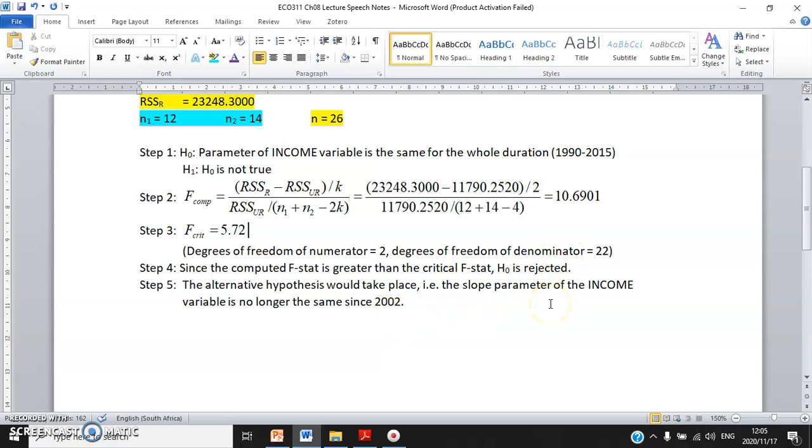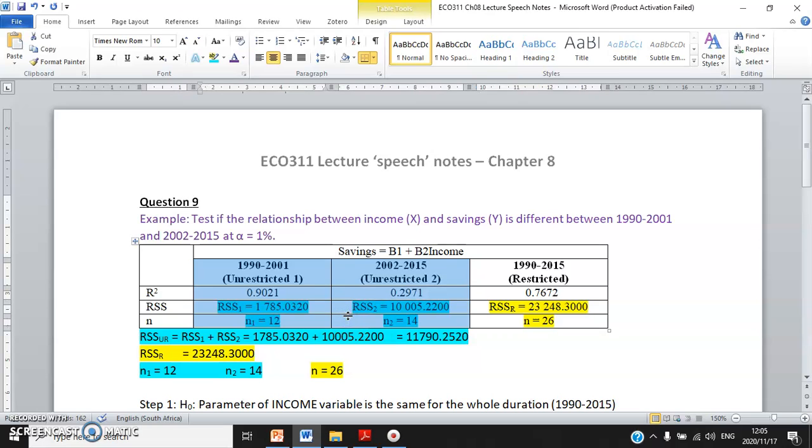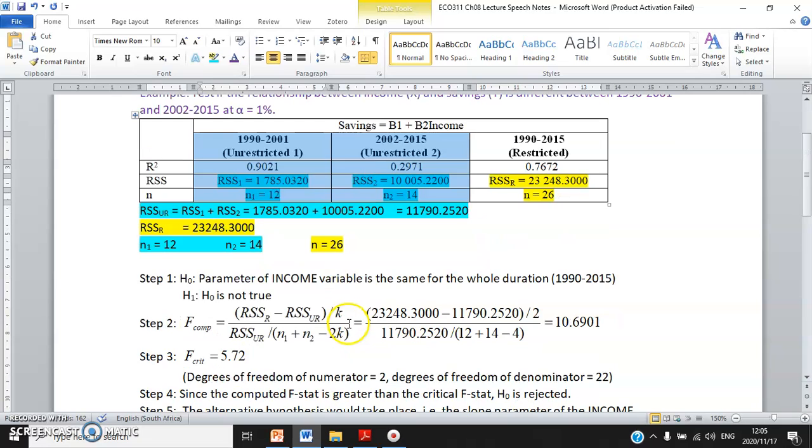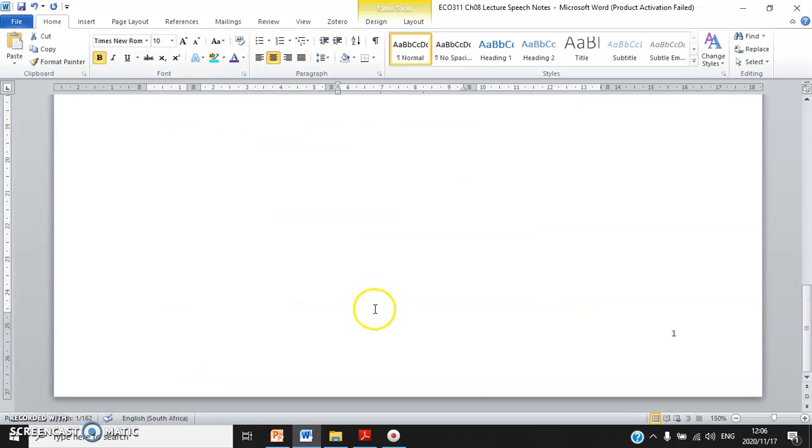And since the computed F-stat is greater than the critical F-stat, the null hypothesis is rejected. Then it means the alternative hypothesis takes place, meaning the slope parameter of the income variable is no longer the same from 2002. So in other words, it makes more sense to run two separate regressions as unrestricted regressions. So the slope parameter of income indeed has changed from this threshold period, 2002 onwards.